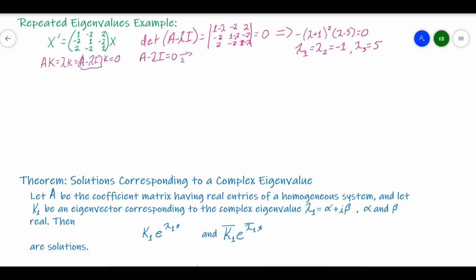So lambda equals negative 1 is going to make this turn into A plus I. Now, plugging in lambda equals negative 1, I'm going to have that this is really A plus I times k is going to equal 0.